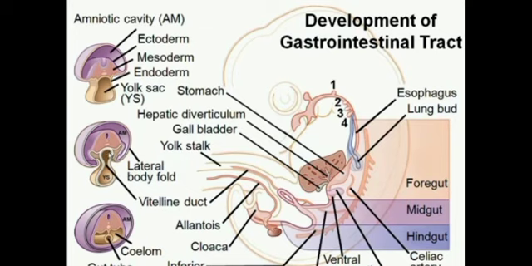So if there is a segment of the gut in which the recanalization doesn't occur, you're going to have atresia in that segment of the bowel. So atresia of a segment of the gut tube is a result of a failure to recanalize the epithelial plug, and stenosis can be a similar kind of defect in which you have insufficient recanalization so that the lumen is smaller than it should be.